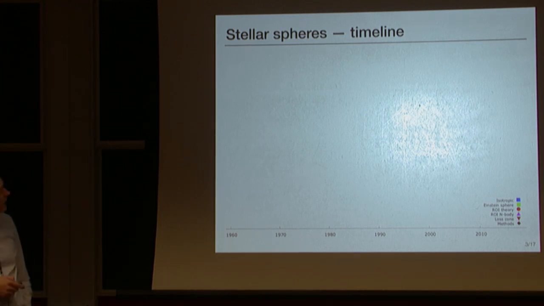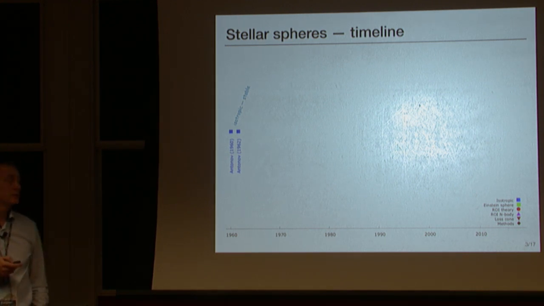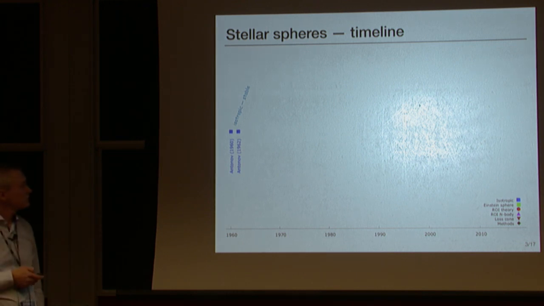So instead of a historical overview, I suggest this timeline, which starts from Antonov's papers, who basically proved stability of isotropic systems. So from this moment, we are interested only in anisotropic systems.